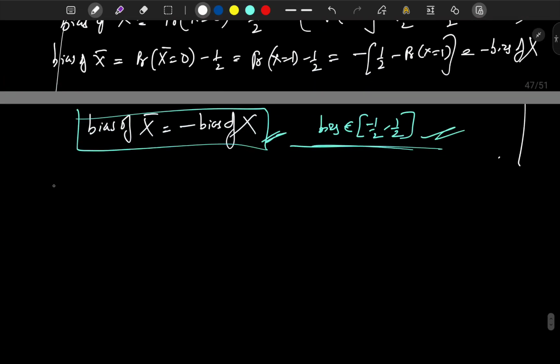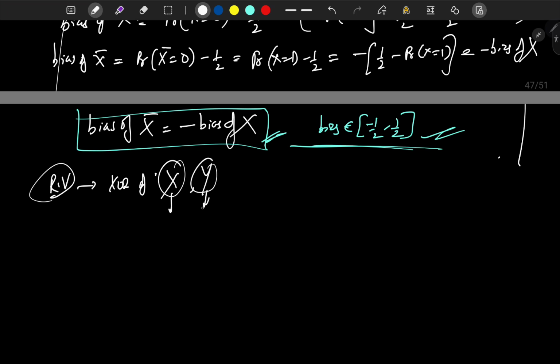Here, basically the random variable consists of XORs of our capital X. Capital X is a random variable relating to the plain text, and capital Y is the random variable relating to the cipher text.